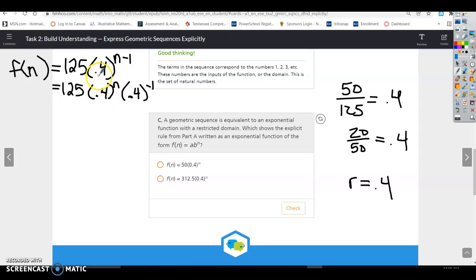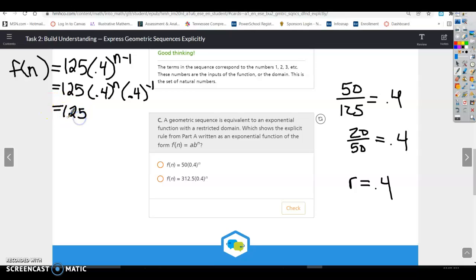All right, when they have the same base, you can add exponents. Okay, same base, add exponents. So we added n and negative 1 to get n minus 1. So if we separate those, this should work.